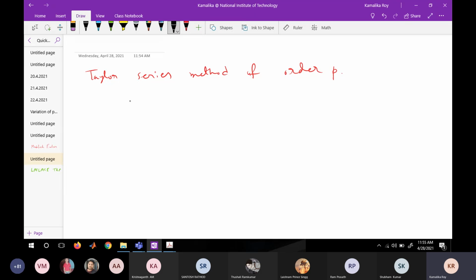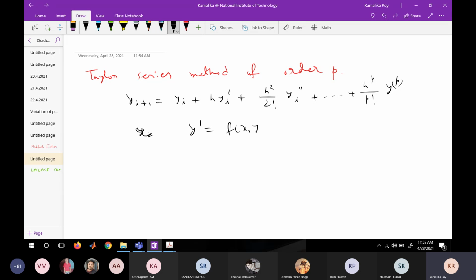So yi plus 1 is yi plus h yi dash plus h square by factorial 2 yi double dash plus up to h^p by factorial p y^p. The given equation is y dash equals f(x, y).